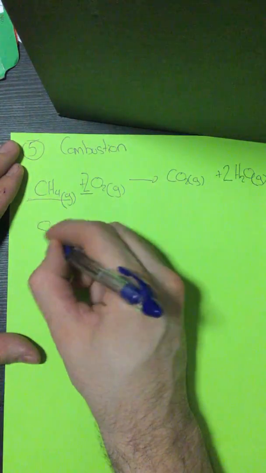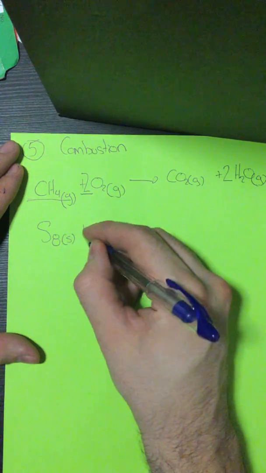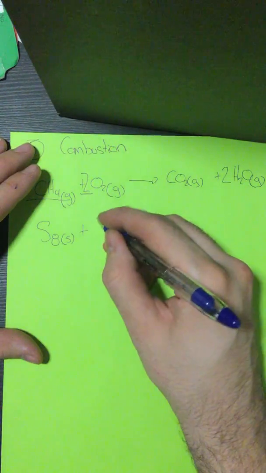Now, this can be switched out with a lot of things, and not only carbon can burn. There's lots of other things out there that we can light on fire. A great example is sulfur. If we were to light sulfur on fire, we still need a lot of the same products.